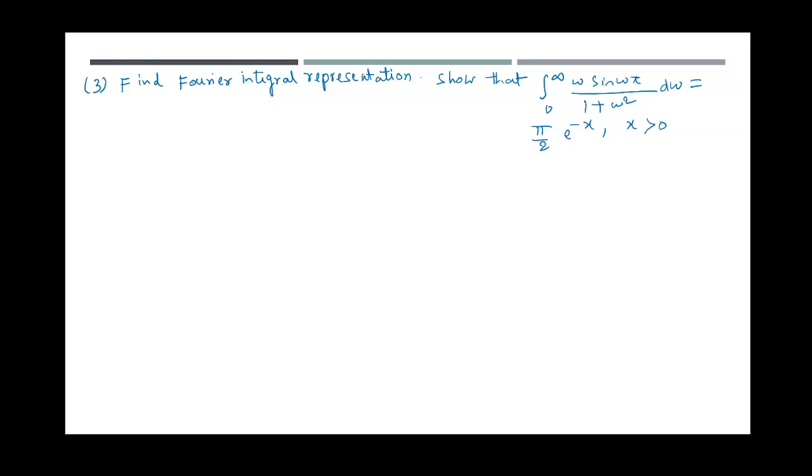If you observe here, it is not asked to find the Fourier integral directly. By using the Fourier integral representation, we have to show this integral equal to pi by 2 e power minus x.